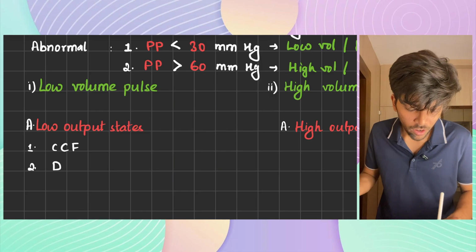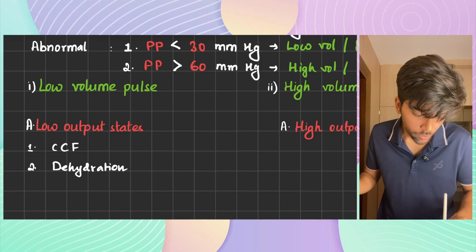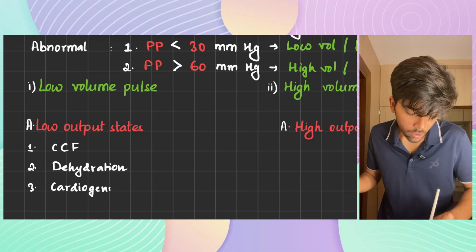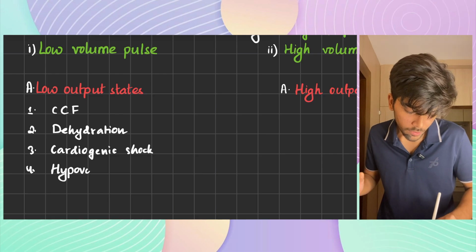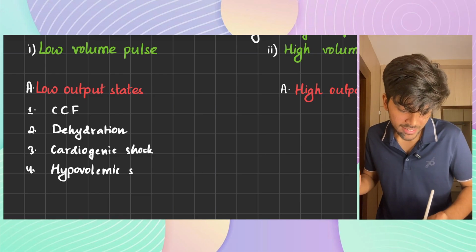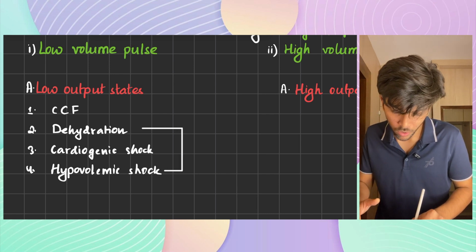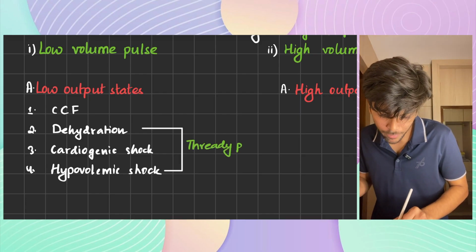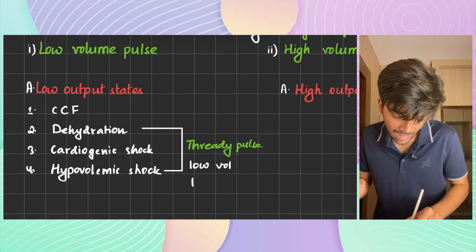Number two, when the volume itself is low due to dehydration or due to cardiogenic shock or due to hypovolemic shock. In these three cases, you also get what is known as a thready pulse. Thready pulse is characterized by low volume and high pulse rate.